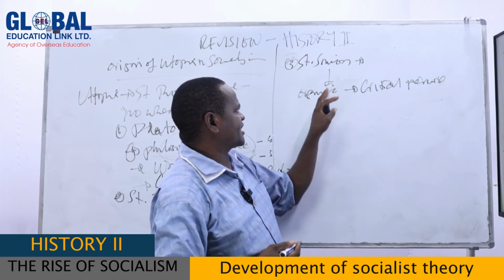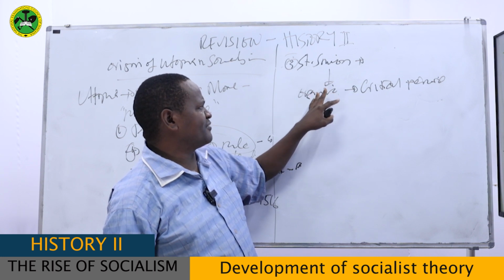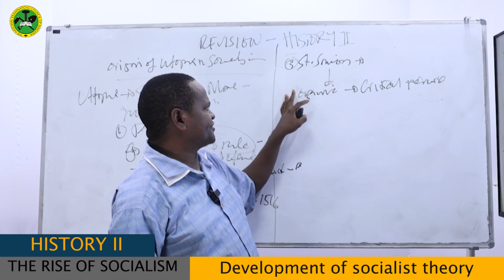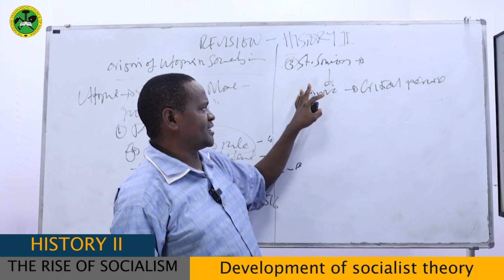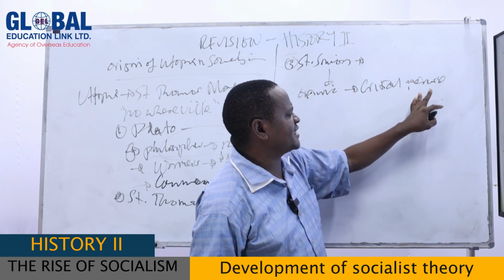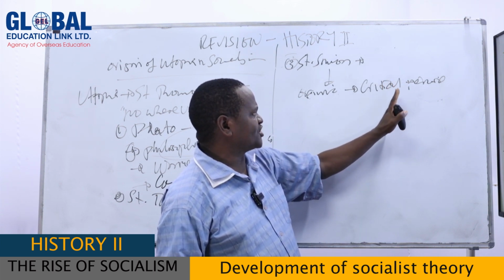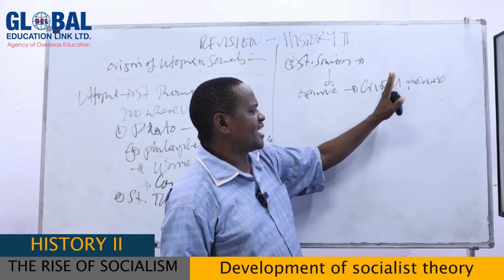During the organic period, people's life is so good. People have everything they need, and there is harmony in society. But society can be transformed into another period, which is called a critical period. In the critical period, society is undergoing change and is characterized by a lot of conflict.